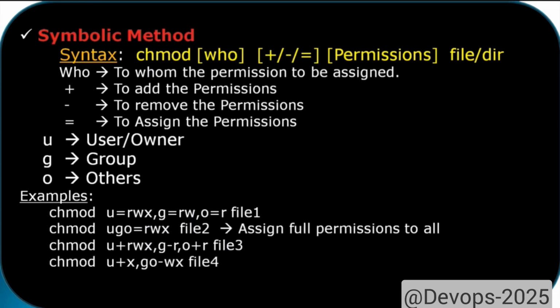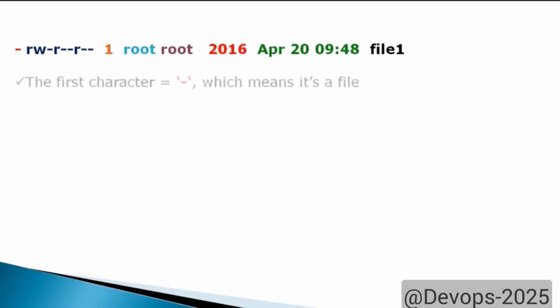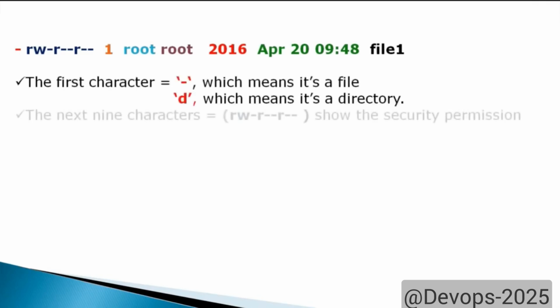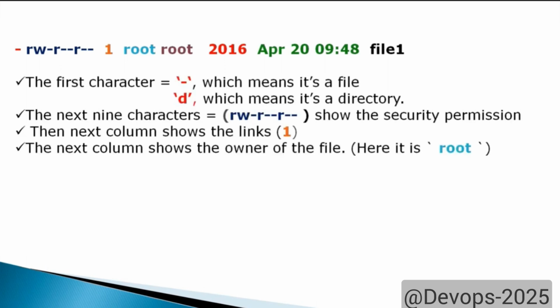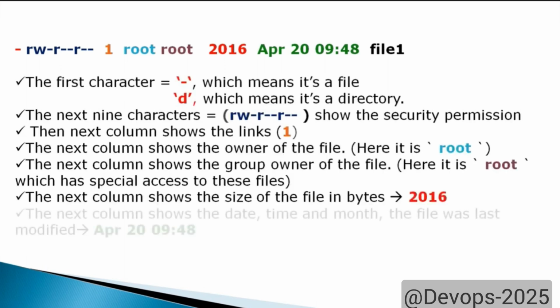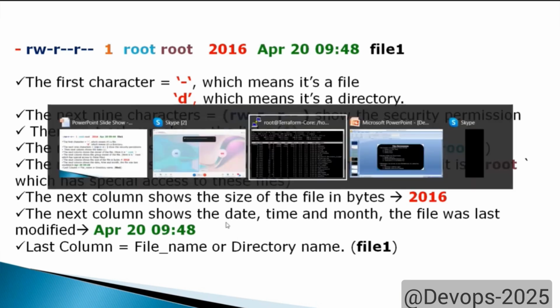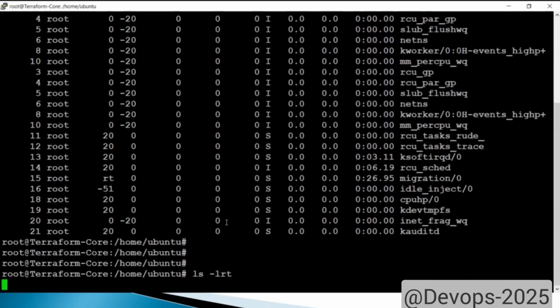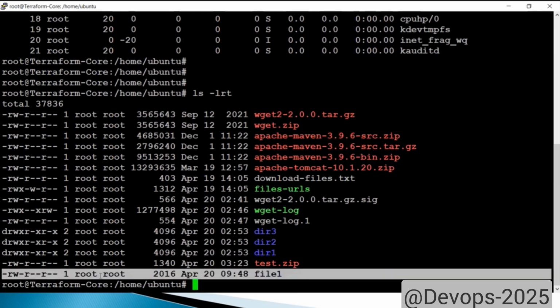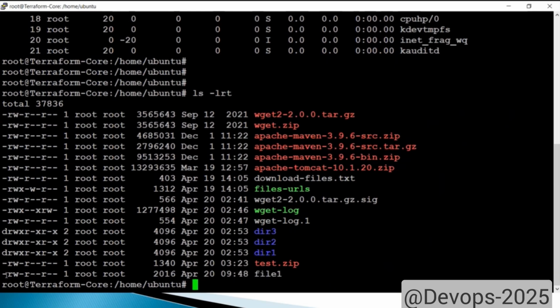Before going to discuss this, there is one more slide we need to discuss. If we create any file or directory, we get an entire line of output. Let's see what this line is and how it works. Now we can switch here. ls -lrt, and take file one.